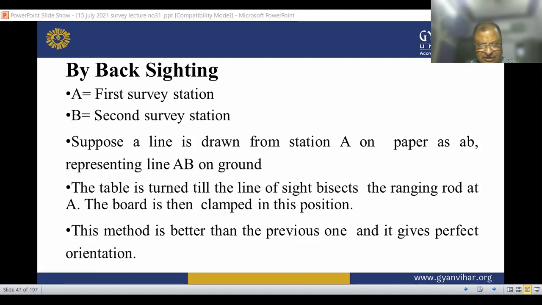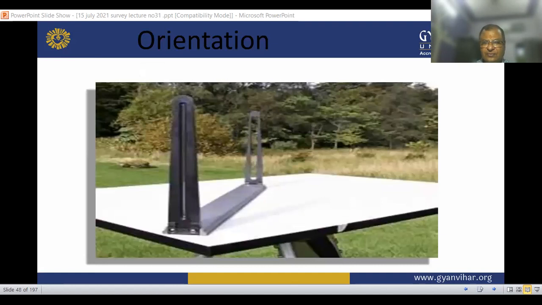The table is turned with the alidade along the line, sighting the back station, and then clamped in position. This method is better than the previous one, and gives perfect orientation. And this is the orientation instrument.